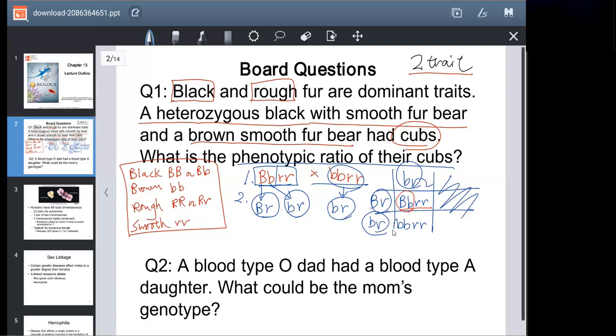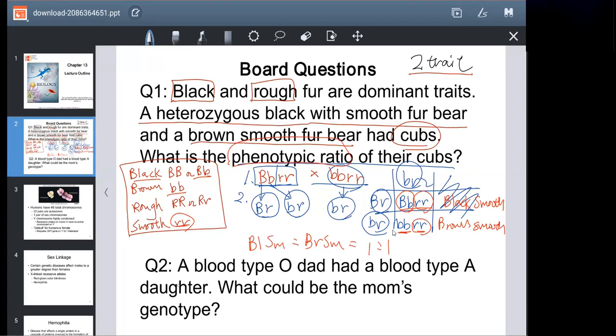What is this? Oh, it's black. And what is this? Oh, it's smooth. What is this? Oh, it's brown. And what is this? Oh, it's smooth. So what's your result? Your phenotypic ratio will be black and smooth to brown and smooth equal 1 to 1.